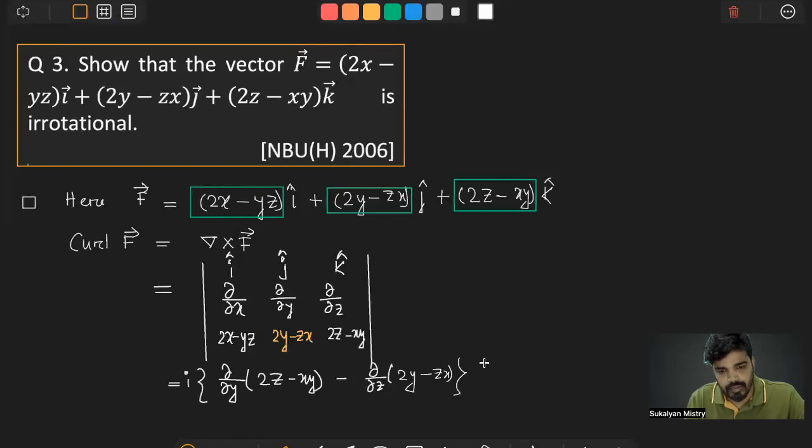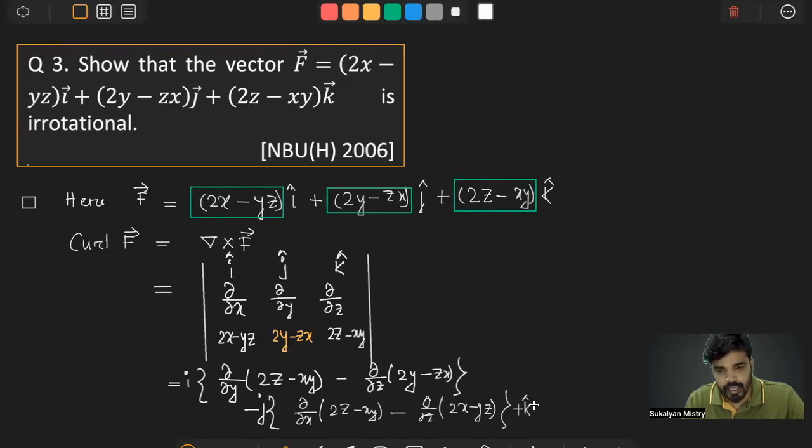Next, minus j. Now we have to expand with respect to this: del x of (2z minus xy) minus del z of (2x minus yz).